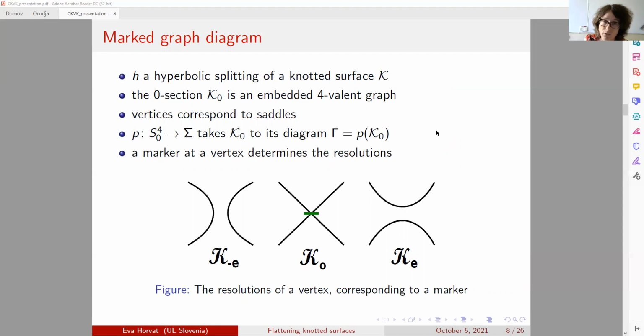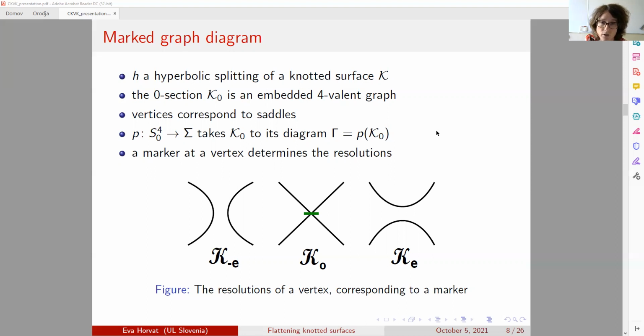And by choosing a regular projection p of the 0 section to the sphere sigma, we obtain a diagram gamma, which is again a four-valent graph embedded in the two-sphere. And this diagram, this graph, has two kinds of vertices. Some vertices correspond to the crossings of the diagram, so they are endowed with the information about the overcrossings and undercrossings, while some of the vertices correspond to the saddles, and these are endowed with markers.